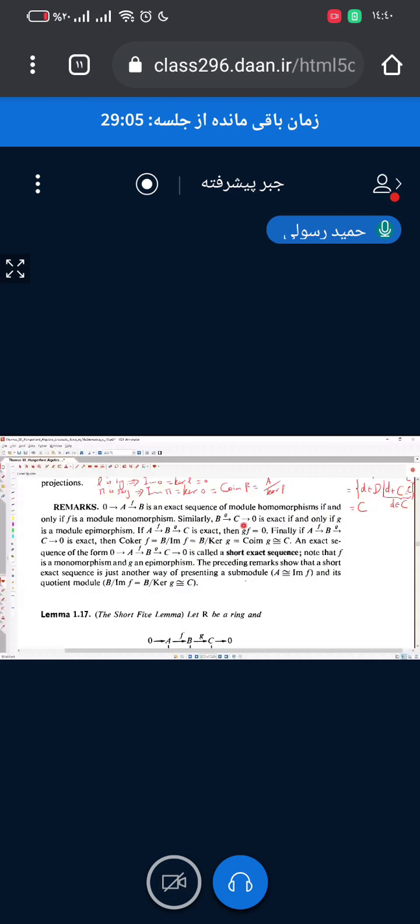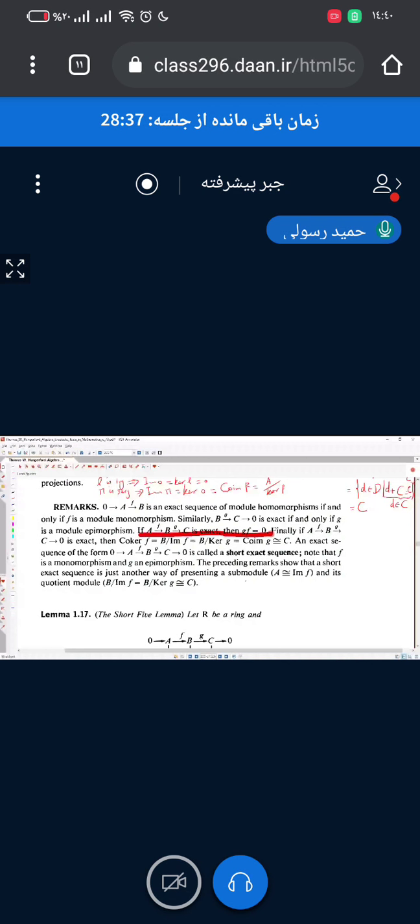The kernel of 0 equals C, and so the image of G equals C, and this means G is surjective, and so a module epimorphism. If A, B, C is exact, then GF equals 0.